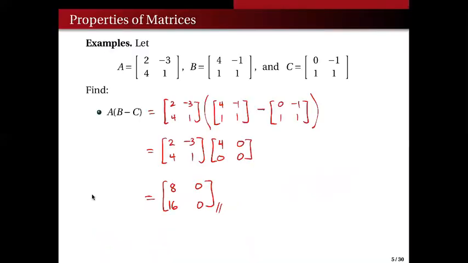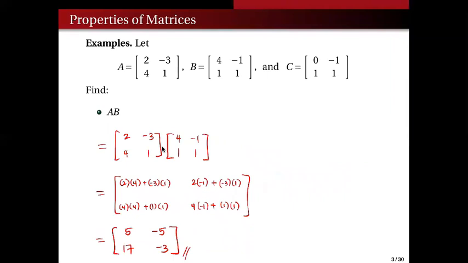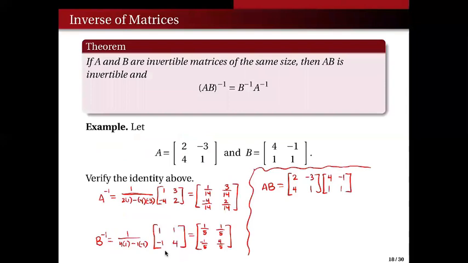This. So 2, negative 3, 4, 1, 4, negative 1, 1, 1. This is the inverse. 5, negative 5, 17, negative 3. So here you have 5, negative 5, 17, negative 3.